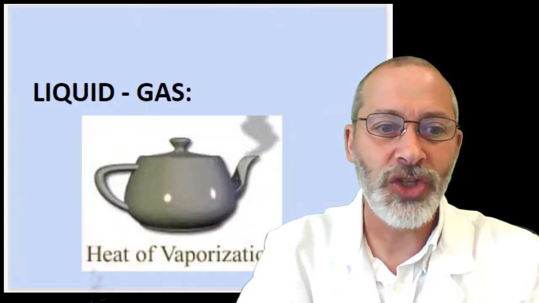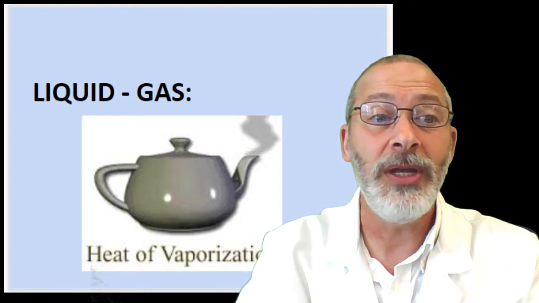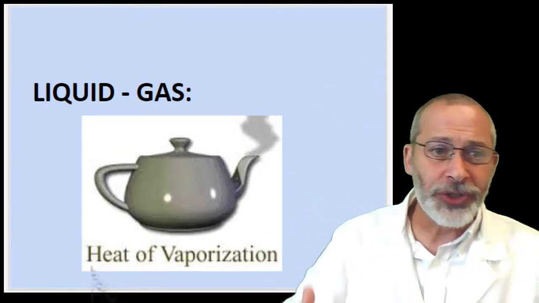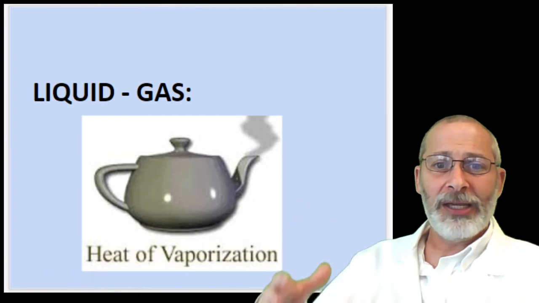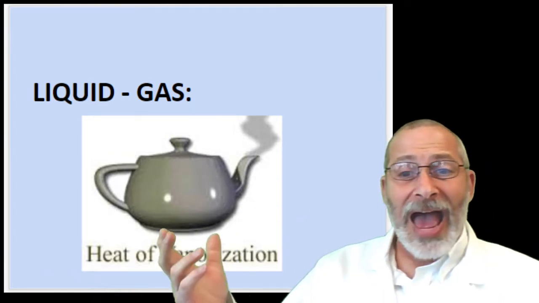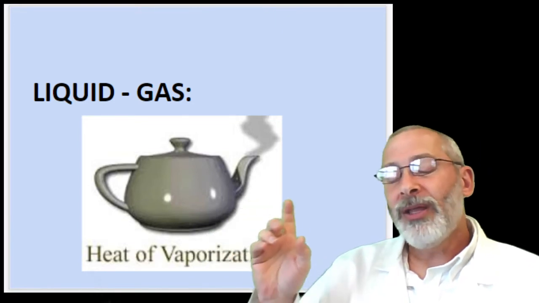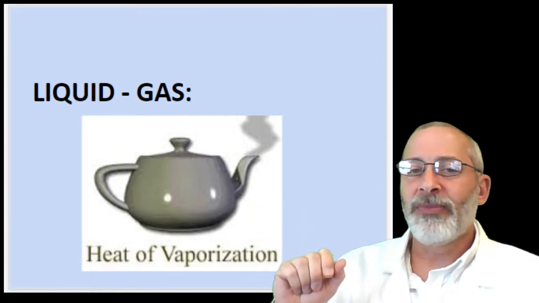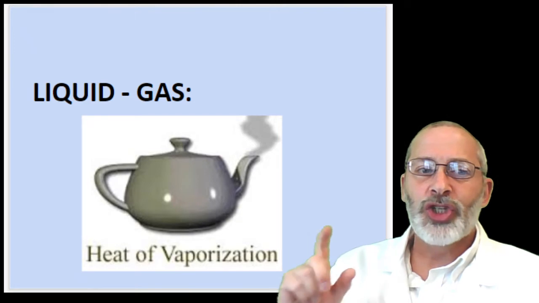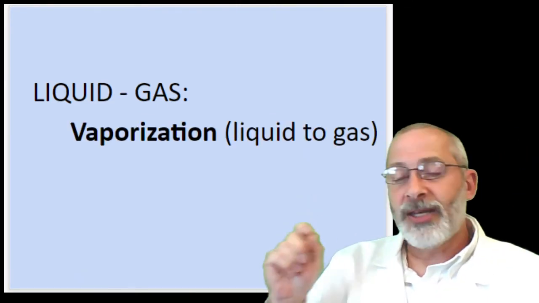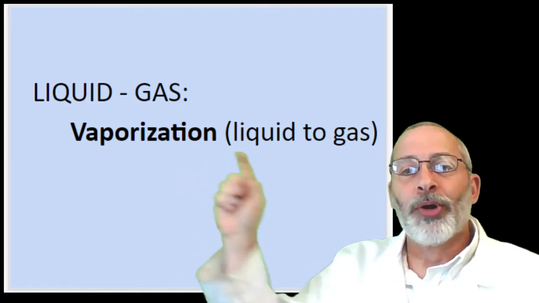And the next phase change is from a liquid to a gas. And as we talk about going from a liquid to a gas, you might automatically think, oh, that's evaporation. Well, it's not exactly the same thing as the phase change that we're going to be mentioning here. It's technically called vaporization.